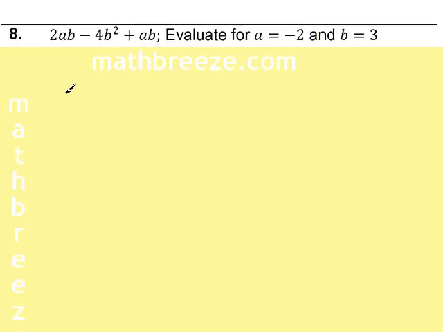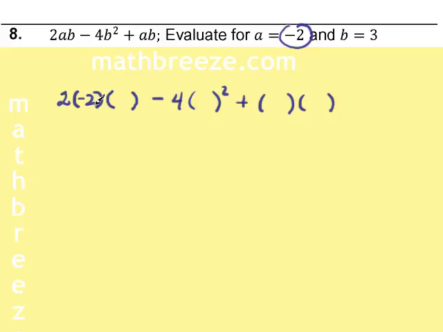Okay, number 8, instead of a and b, we're going to put parentheses. There's our a, there's our b. Okay, that's for b squared, and that's for a, and that's for b. Okay, where a is equal to -2, so we're going to put it here, right here, and right here.